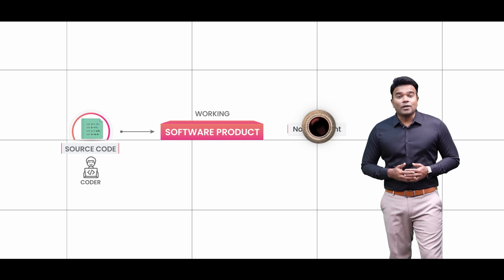Well, let me tell you that in software development, build happens to be a process of taking all the source code that is created by the coders and then along with that taking other resources and components of a project and turning it into something that a computer can actually run and execute. Think of it like putting together a puzzle where each piece of code is compiled and then the compiled code is linked and then packaged into a working program.